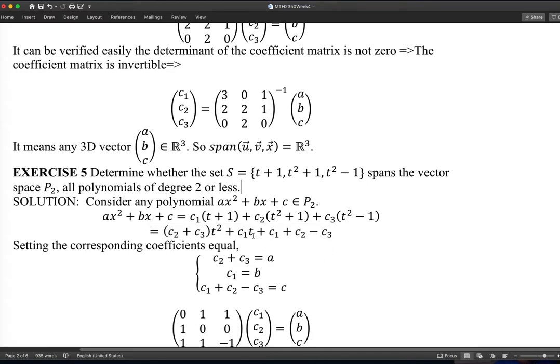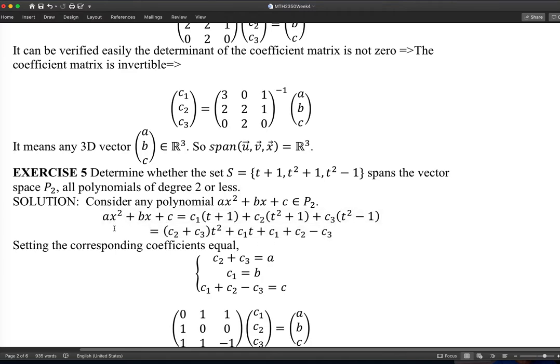Okay, so here is what I did. Because I'm comparing two polynomials of degree 2 or less, I arranged the linear combination of those three vectors according to like terms. Basically this is a polynomial of degree 2, and that is also a polynomial of degree 2.